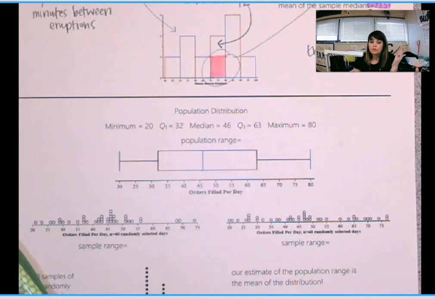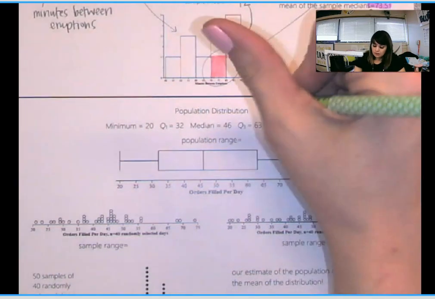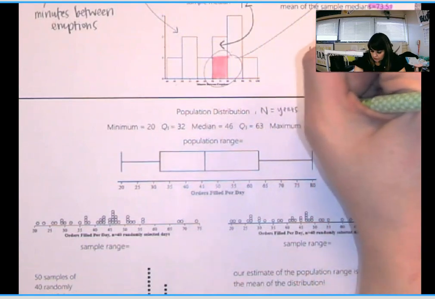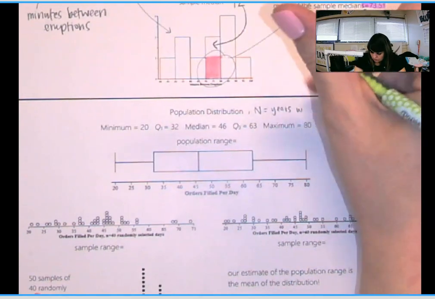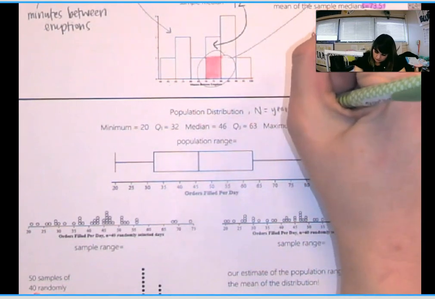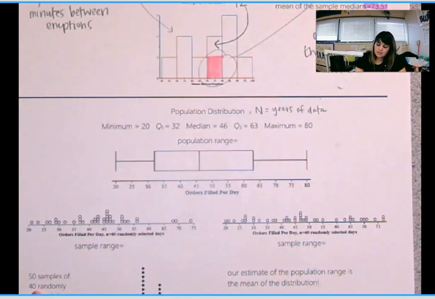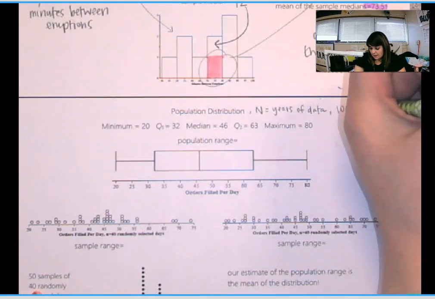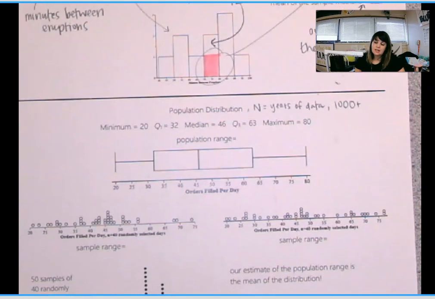So N is years of data. I'm thinking it's 1,000+ days.